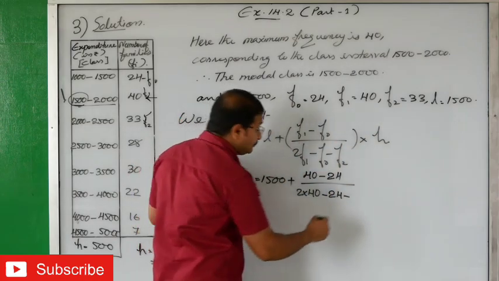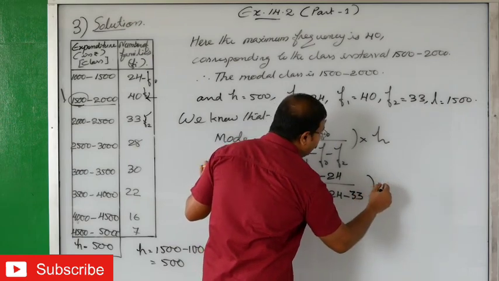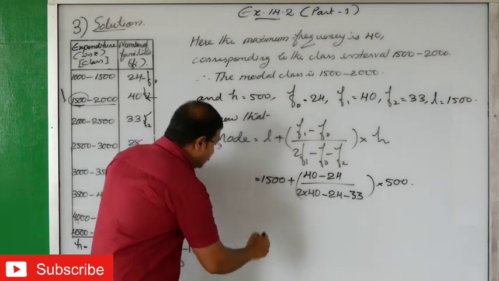What is F2? 33, into, what is the value of H? 500.